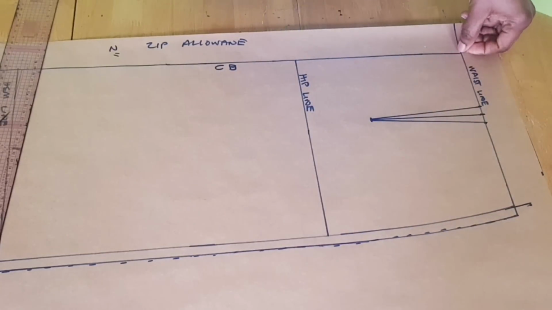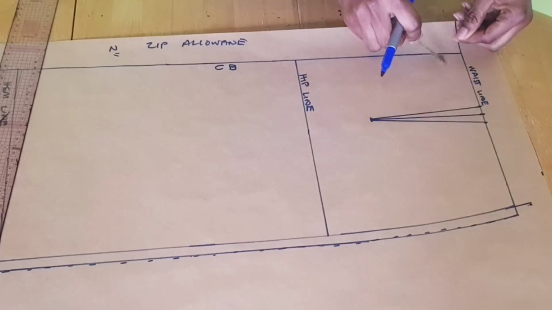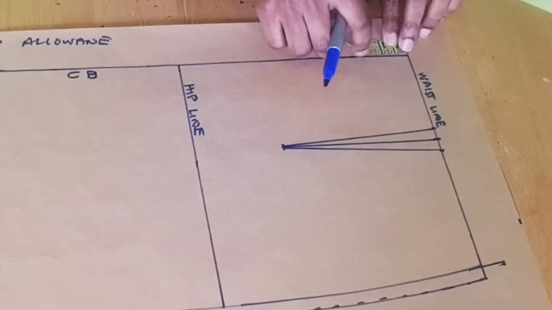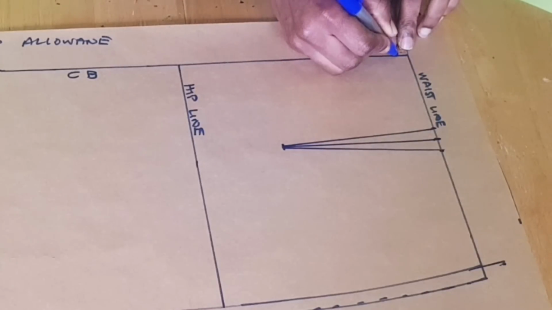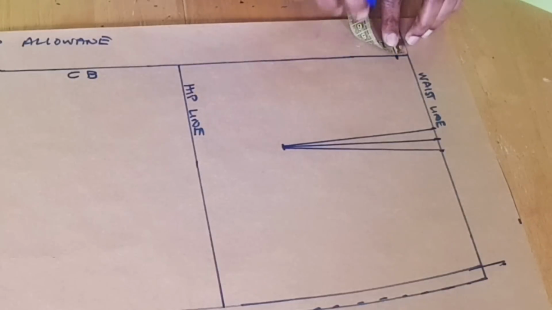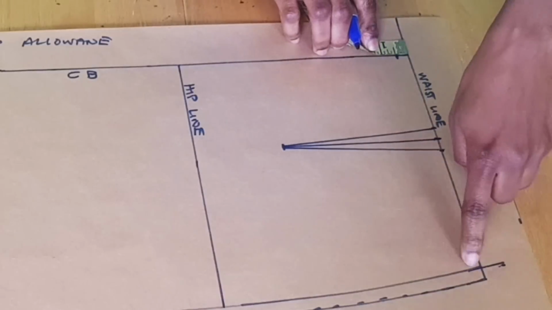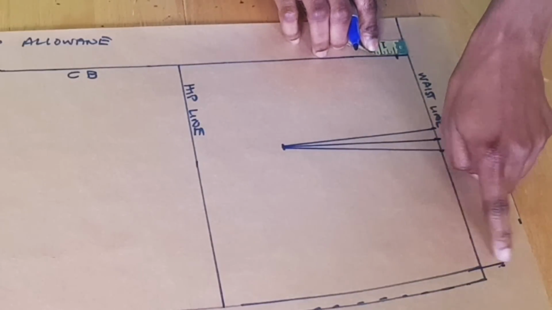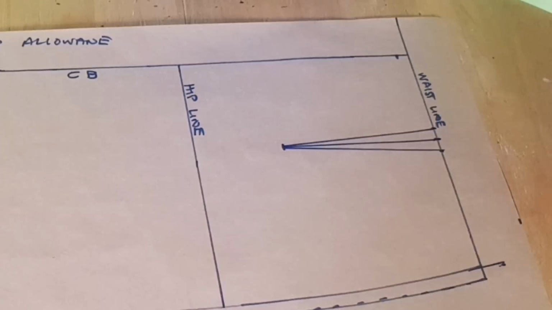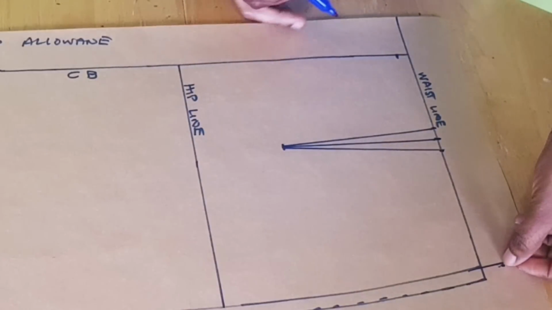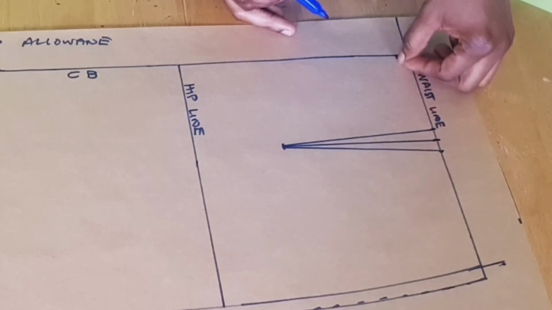And at the waistline for the back, you mark half an inch down, just like I'm marking it here. So this is what you will do. You mark half an inch here. You go up by 3/4 inch at the side. Once you've done that, the next thing is to connect this together.